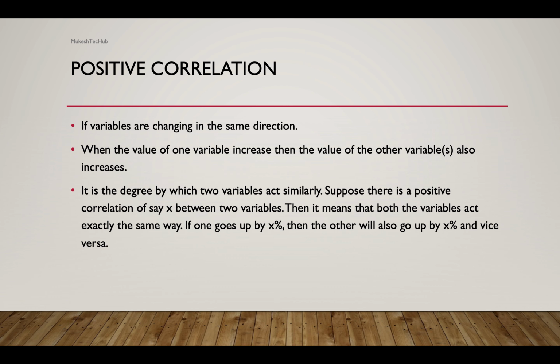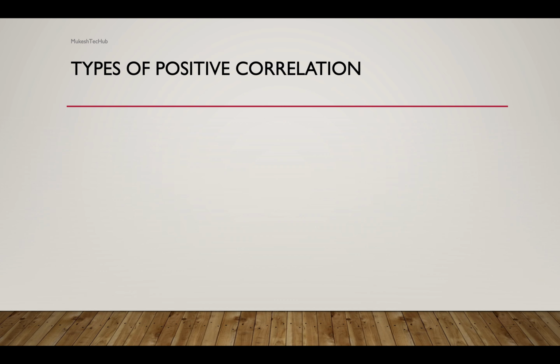That means if both variables act exactly the same way, if one goes up by x%, then the other will also go up by x%, or vice versa. Right? These are the symptoms of positive correlation. Now let's move forward and see the types of positive correlation itself.